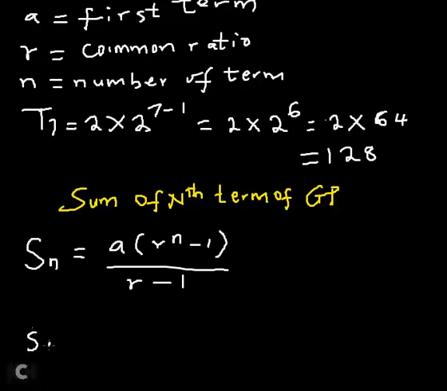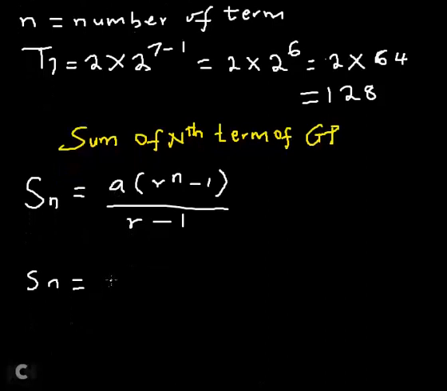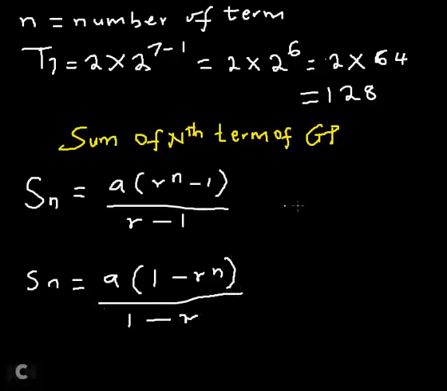And that way of expressing it is also like this. Xn equal to A. Now this time around, 1 comes before the R raised to power n, all over 1 minus R raised to power n.